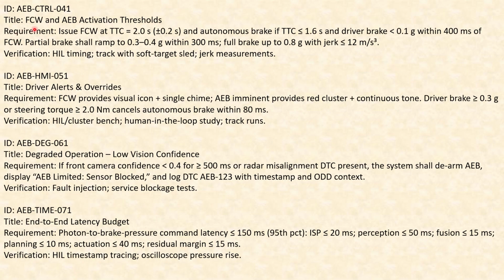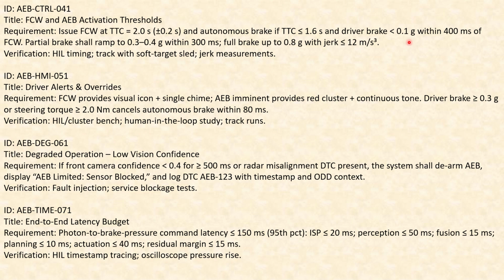And next comes the forward collision warning and AEB activation thresholds. Issue forward collision warning at TTC 2.0 plus or minus 0.2 seconds, autonomous brake at time to collision less than 1.6 seconds, and driver brake greater than 0.1 G, or 0.1 times 9.8 meters per second squared, within 400 milliseconds of forward collision warning.